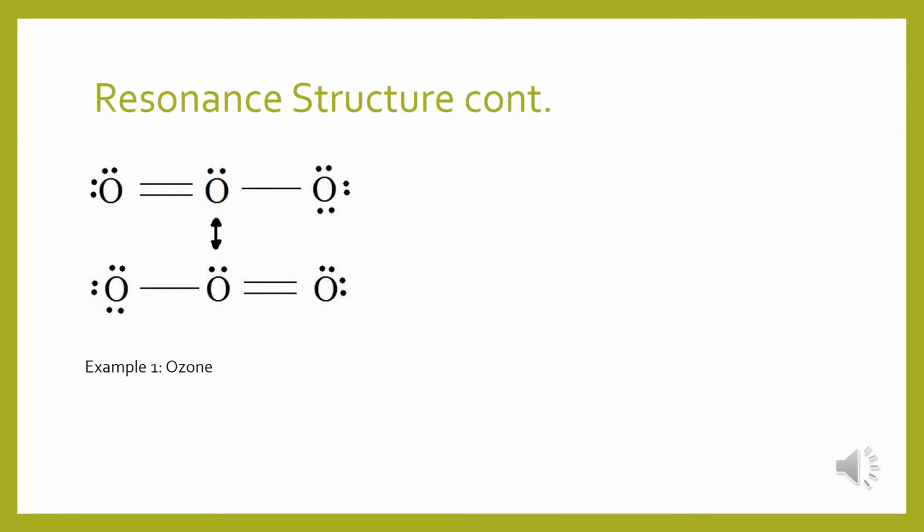An example here is ozone. There are two possible resonance structures. The first one has the double bond on the left, and the second one has the double bond on the right, which look like mirror images of each other. They both satisfy the octet rule, and they both contain a total of 18 valence electrons.